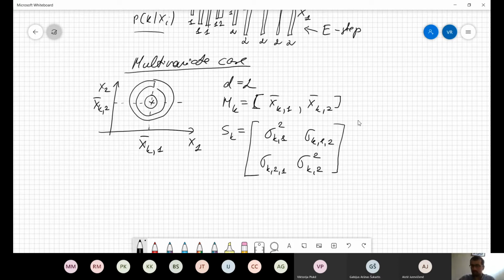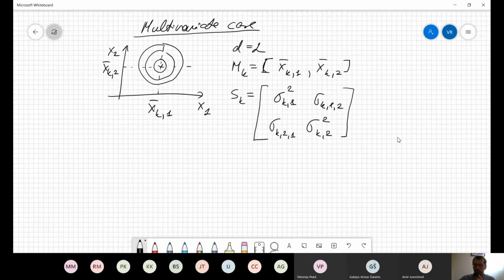This is a symmetric matrix that expresses the distribution of the cluster in both directions. If we have more directions, we will grow this matrix so it is expressed on all the dimensions, all the combinations of dimensions.